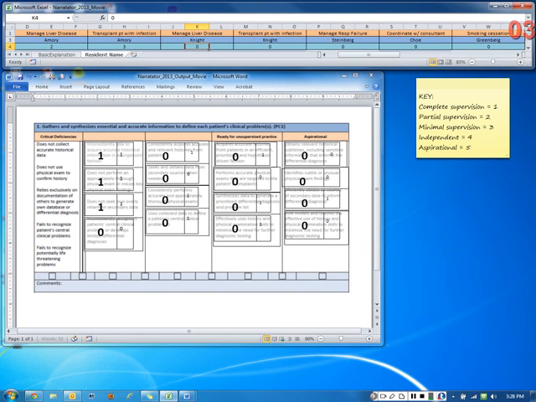Later on in that same rotation, Dr. Knight, her attending, gave her maybe a minimal and a partial. And later on a future rotation, like an ICU rotation, manage a patient with respiratory failure, she was given a partial supervision as well. So we've now evaluated 5 EPAs, and slowly our output will catch up with us.